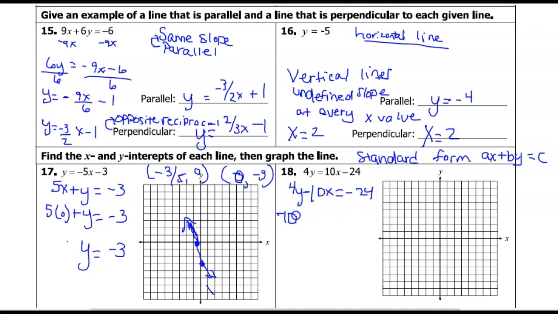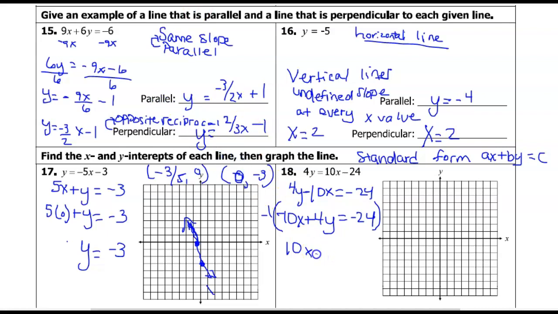So I got -10x plus 4y equals -24. But here's the deal. Remember, a cannot be negative, so I'm going to multiply this by -1. And I have 10x minus 4y equals 24. Now I have it in standard form.